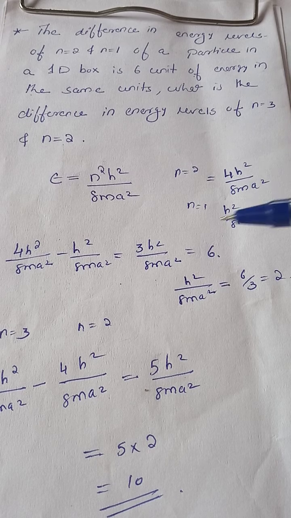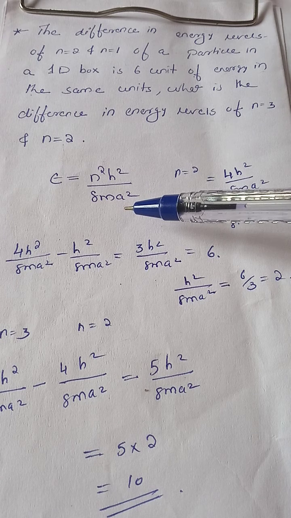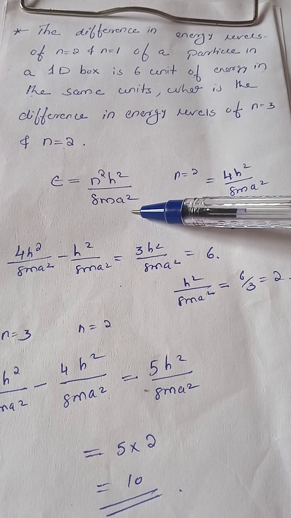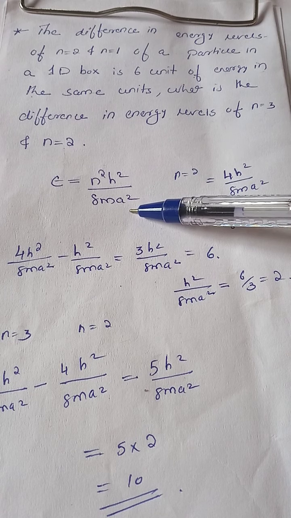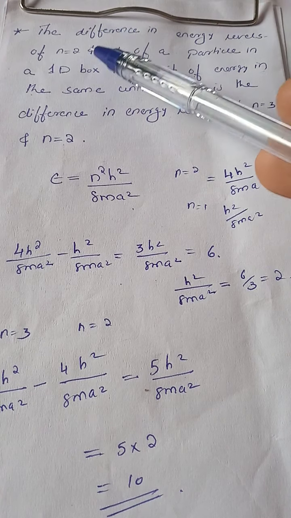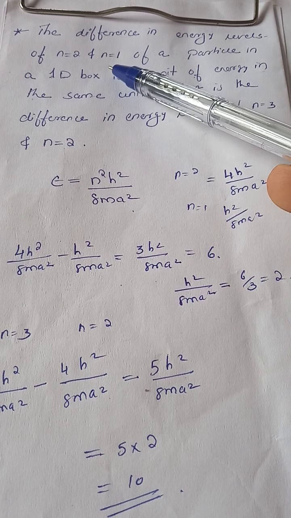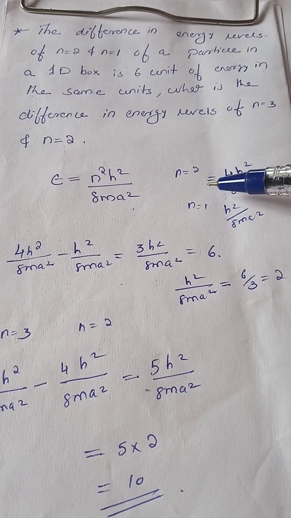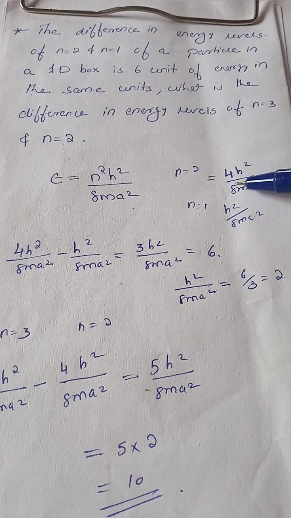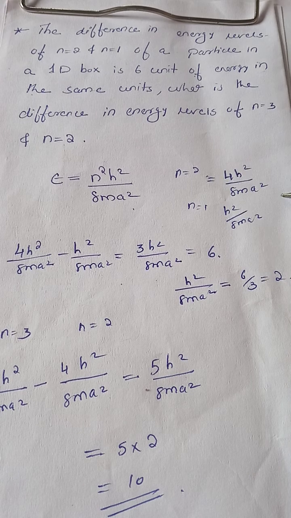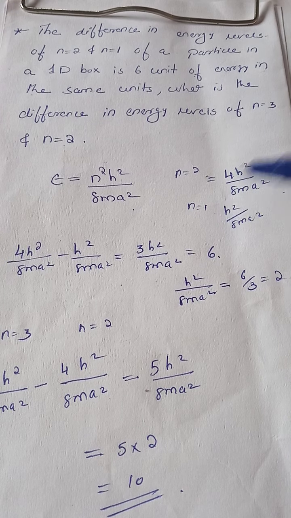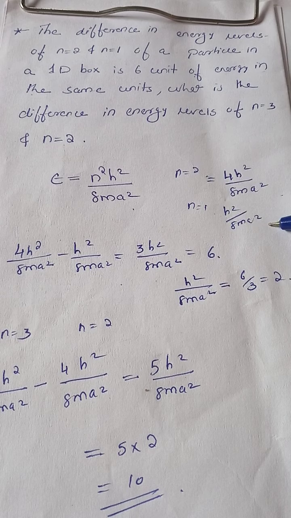So let me start. First of all, our equation to find the energy in the case of a one-dimensional box is n square h square by 8ma square. In the first case, n is equal to 2 and n is equal to 1, the difference of these levels is given. If we substitute n equal to 2 here, we get 4h square by 8ma square, and when n is equal to 1, h square by 8ma square.